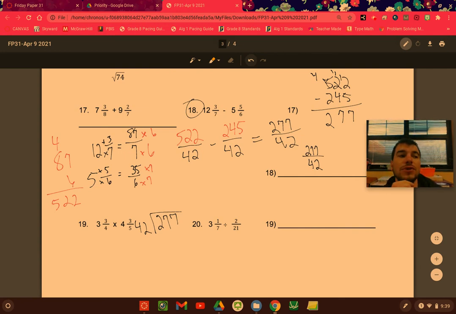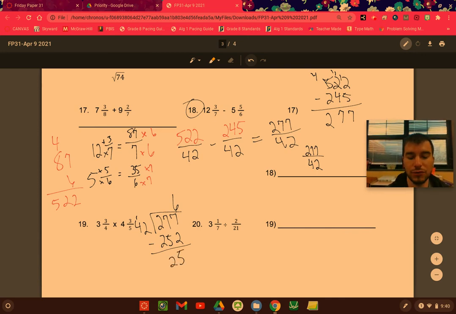So 42 goes into 277, what would I guess? It doesn't even go into 27, it goes into 277. I'm going to guess 6 times, because 7 times 4 would give me 40, would give me 280. So let's try 6. So 6 times 2 would give me 12. That'd be 25. So then I'm going to get 5, 2. Okay, so 6.